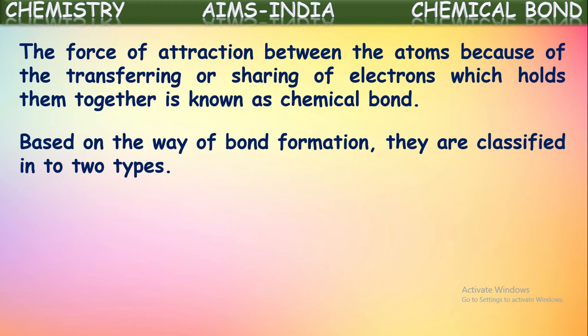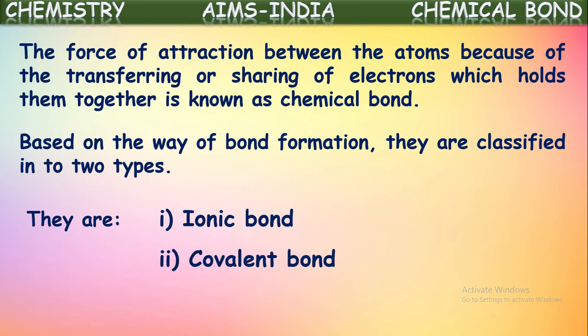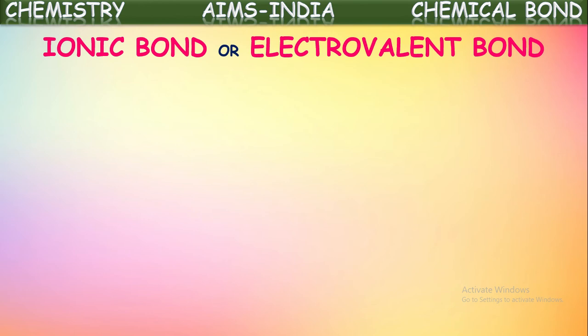Because of these different ways, chemical bonds are classified into two types majorly. One of them is the ionic bond, another one is the covalent bond. First, let us go through the ionic bond, which is also called the electrovalent bond.